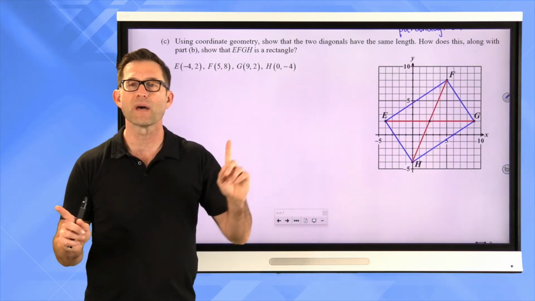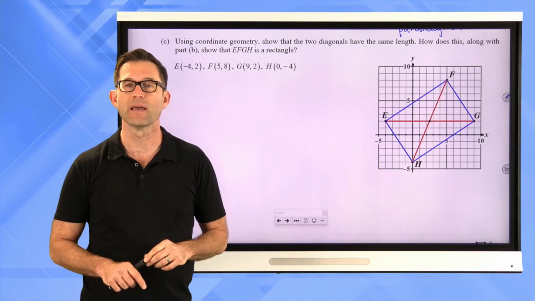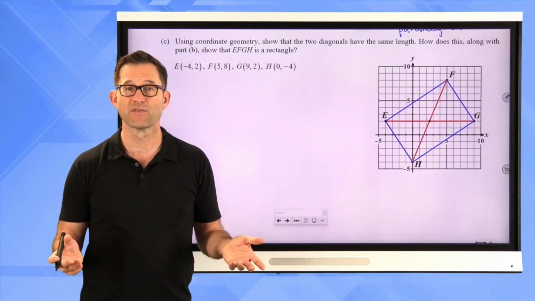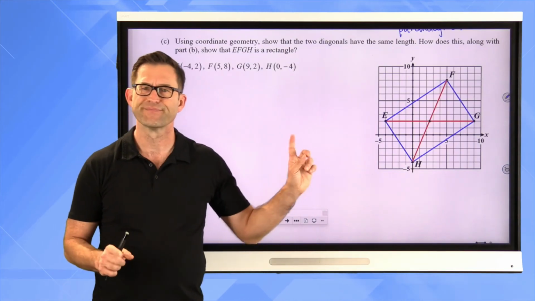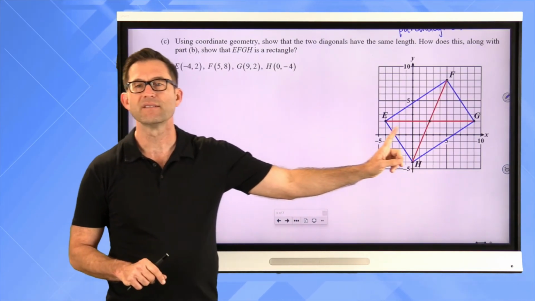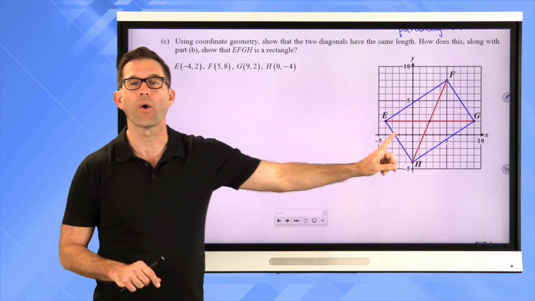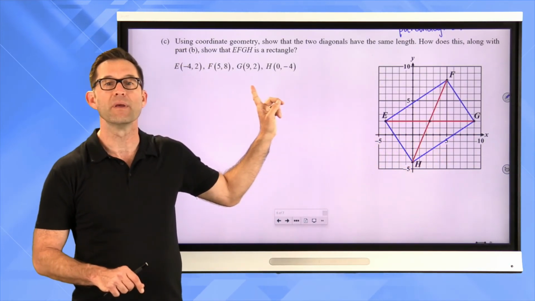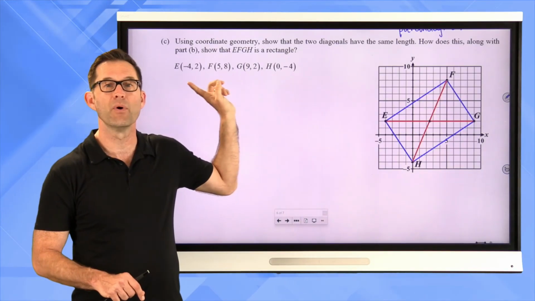So what I want to do is prove that the 2 diagonals have the same length, okay? And for that, we want to use the distance formula again. Now, that being said, segment EG is a horizontal segment. See that, right? It's a horizontal segment because the two y coordinates are both 2.